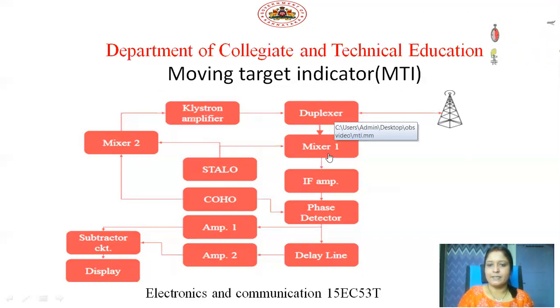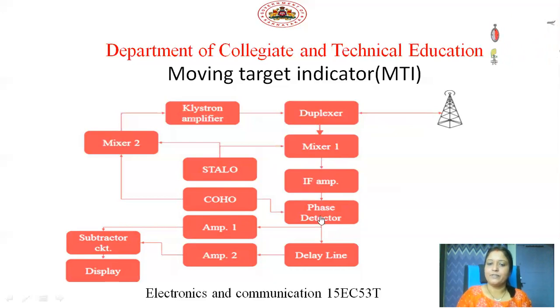Now that is collected here in mixer one, and again the stable local oscillator signal is applied along with the echo signal. This mixer will remove the stable local oscillator frequency from the echo signal. Now we have only the IF, that is the FC coherent signal, which is amplified and applied to the phase detector here.